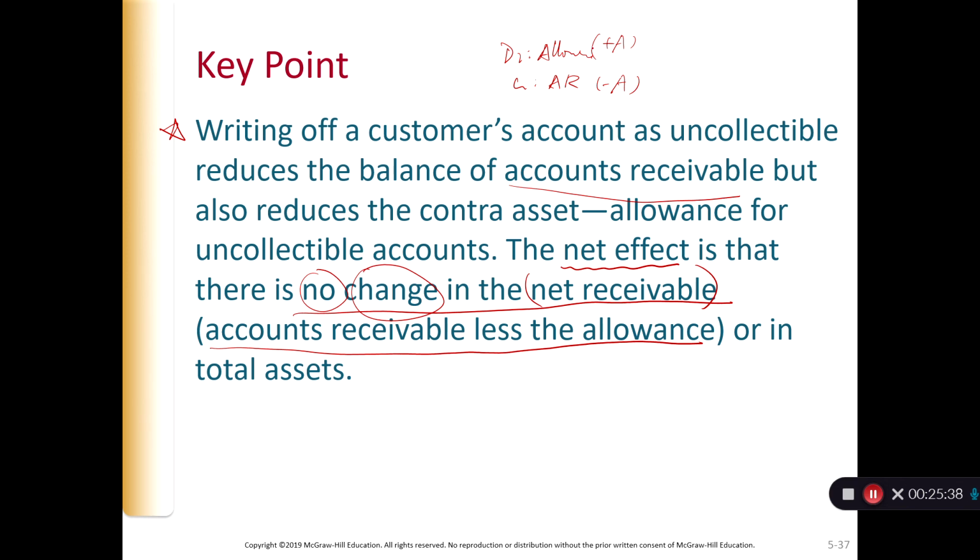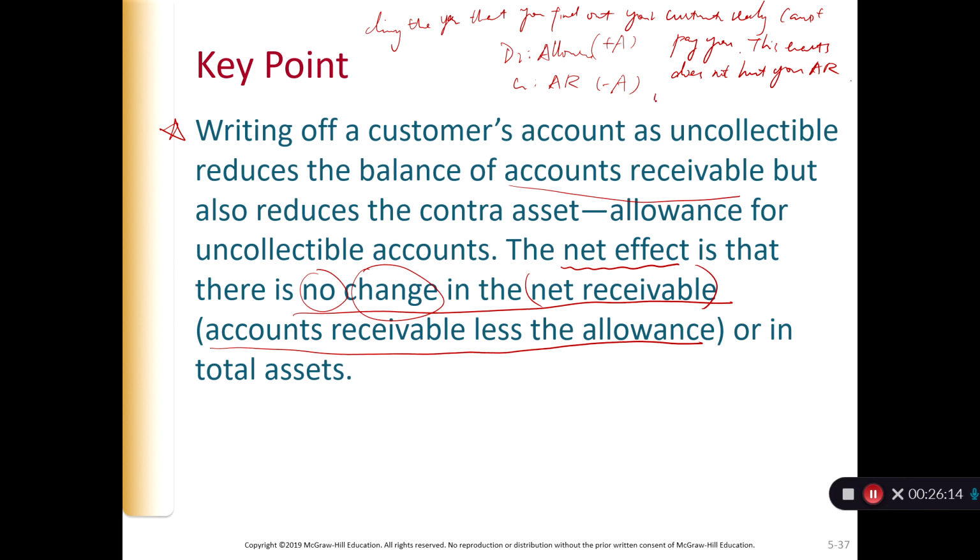So in other words, whether he or she can pay you or not, during the year you find out your customer really cannot pay you, and this event does not hurt your accounts receivable or your assets, because you already recorded such a negative event in advance.